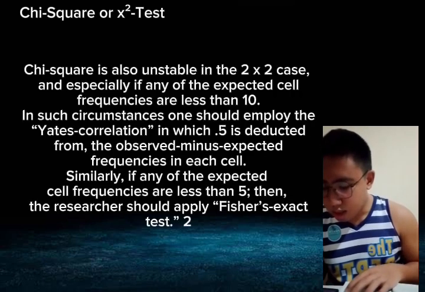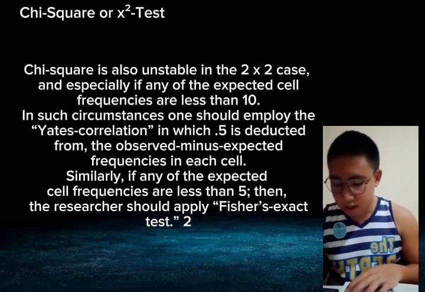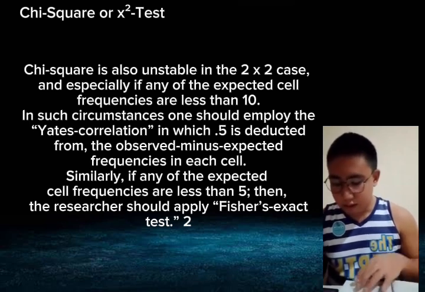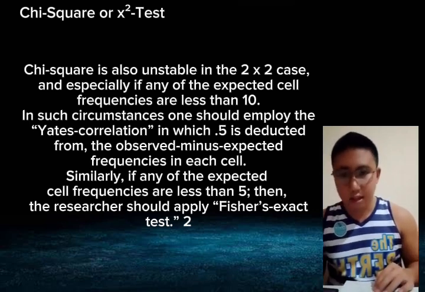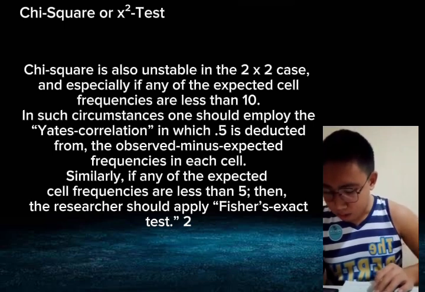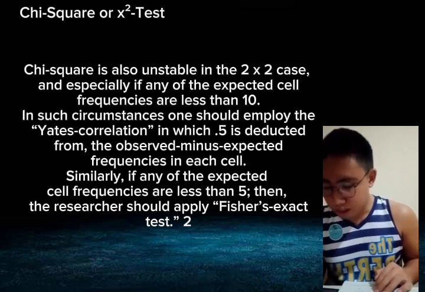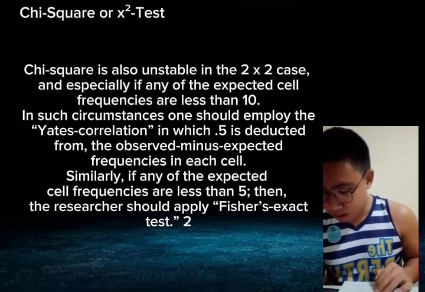Chi-squared is also unstable in the 2x2 case, especially if any of the expected cell frequencies are less than 10. In such circumstances, one should employ the Yates correction, in which 0.5 is deducted from the observed minus expected frequencies in each cell.